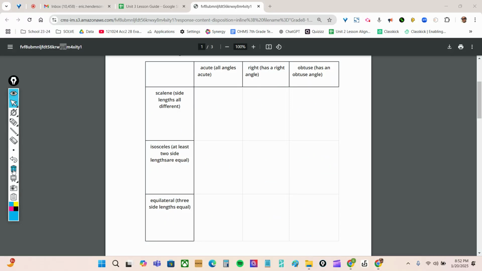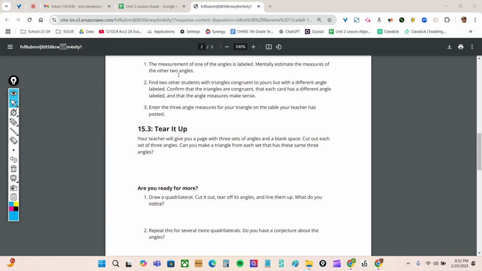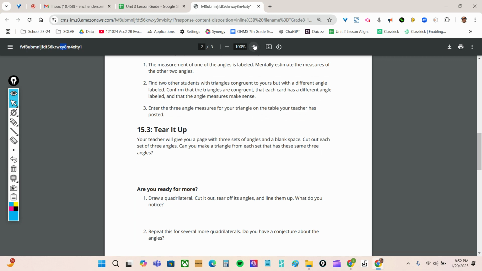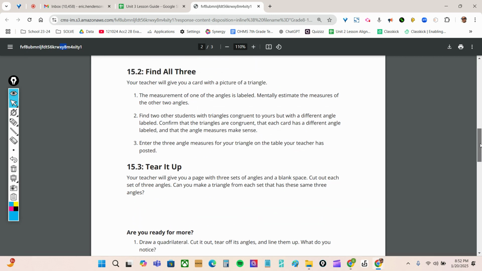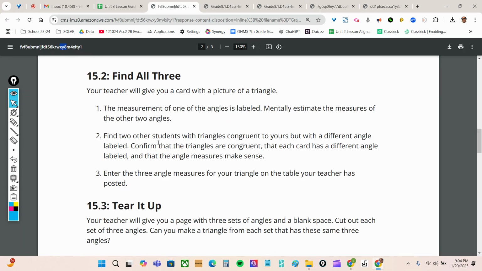Alright, assuming that's in your notes. I think we can zoom this up here to see what they're talking about. Alright, so the next thing we've got here says your teacher will give you a card with a picture of a triangle. The measurement of the triangle is labeled.